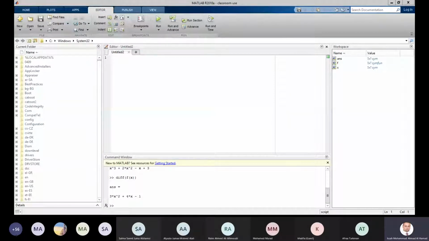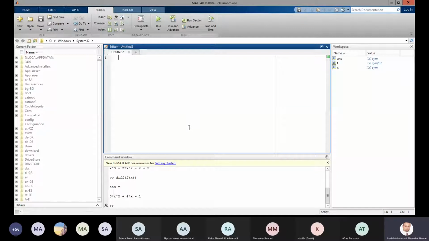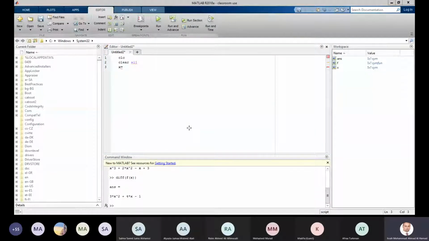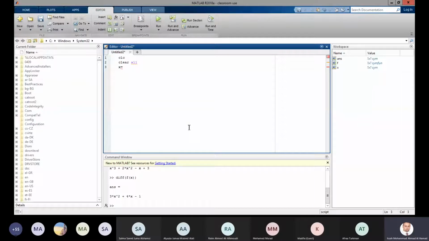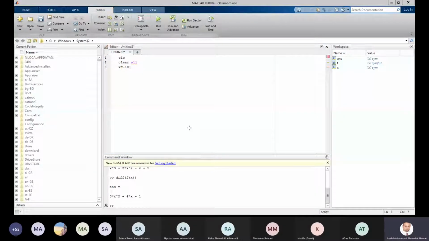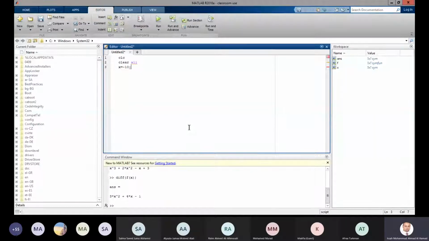Let's define the value of x to be something like x equals minus 10, with an increment of, let's make it, 0.5 up to 10.